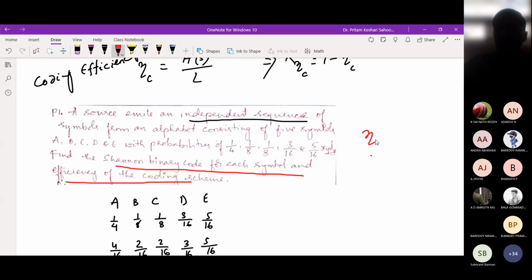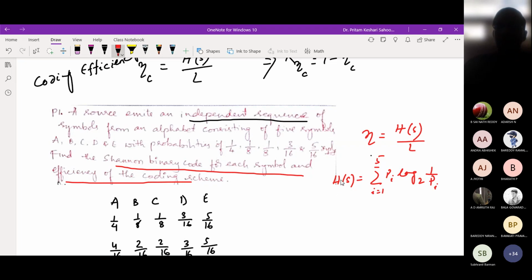And we know the efficiency of the coding scheme is the ratio of the average information to the average length of the symbol. Average information, or entropy, can be obtained from the summation of i equal to 1 to 5, since we have 5 symbols, of pi log base 2 of 1 by pi.